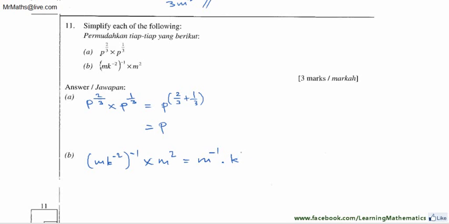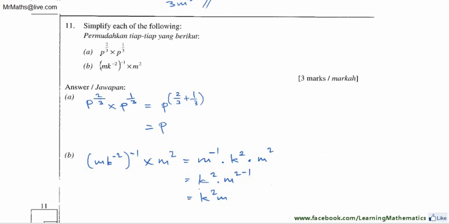That is actually k squared, and then times again with m squared. Then k squared. And what about m minus 1 and m2? That is equal to m2 minus 1. So the answer is k squared m.